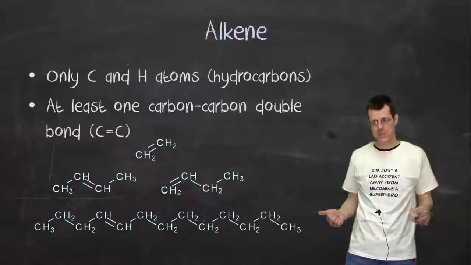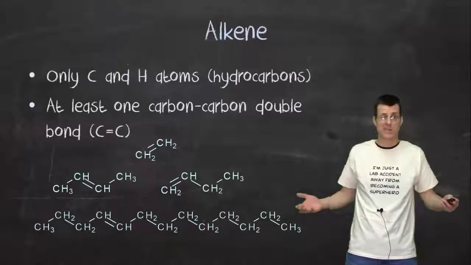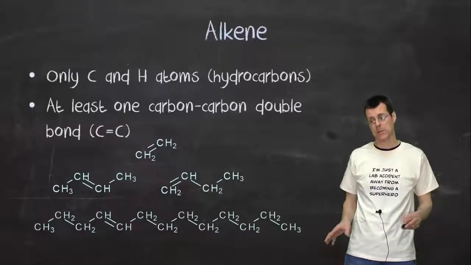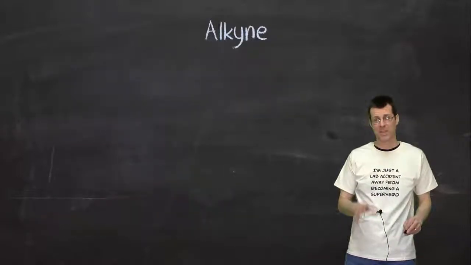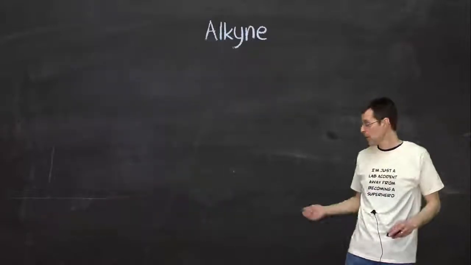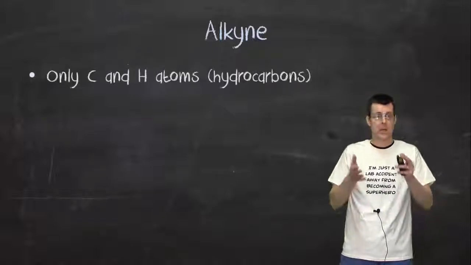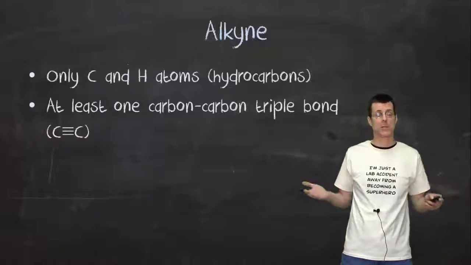This last example is really long. Of all the carbon-carbon single bonds that are going on, it's the double bond that identifies it as an alkene. That's how important functional groups are. Next one is the alkyne. And the alkyne is a carbon-carbon triple bond on a thing that just has carbon and hydrogen atoms.